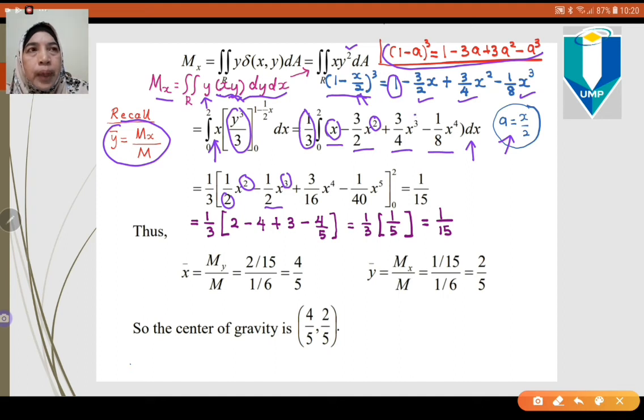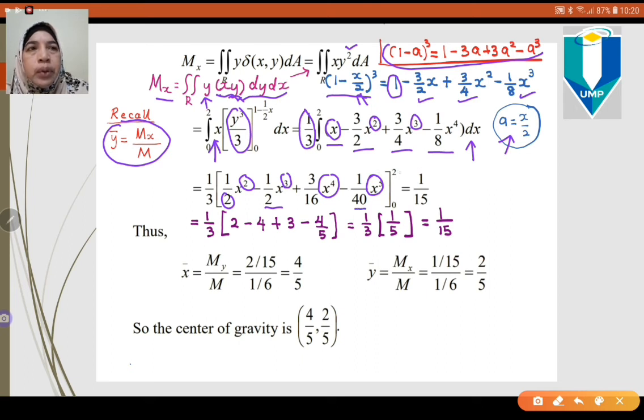And for x cubed here, you increase the power by 1 to give you x to the power of 4, and you divide by the new power, which will give you 16. For x to the power of 4, you increase the power by 1 to give you x to the power of 5. You divide by 5, 5 times by 8 will give you 40.